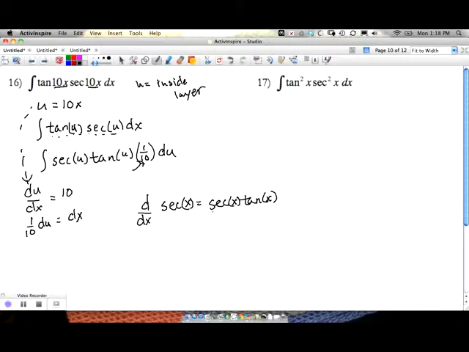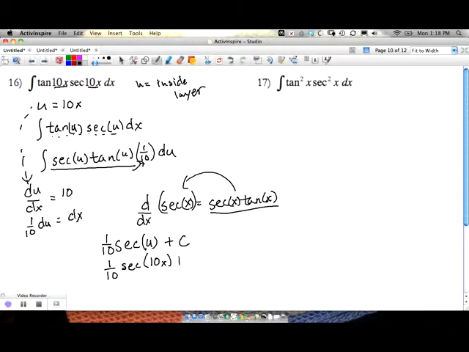So if this is all in terms of u, we're looking at secant u tangent u. So that means the antiderivative, if we're to go backwards, is going to be secant. So the antiderivative of secant u tangent u is just secant u. We got that 1/10 constant, so I'm going to keep that tagging along. And then plus c. Now in this case, u is equal to 10x. So we got 1/10 secant 10x and then plus c.